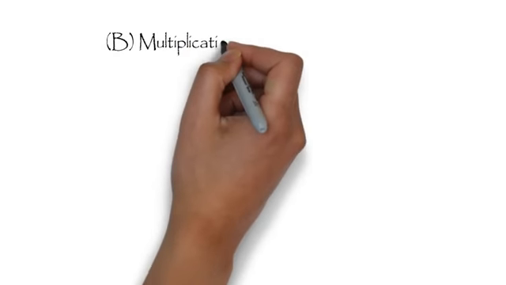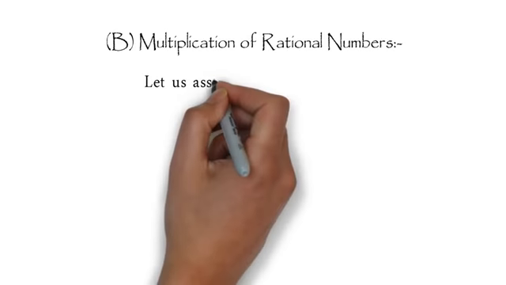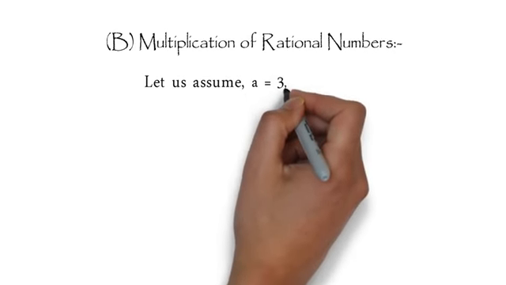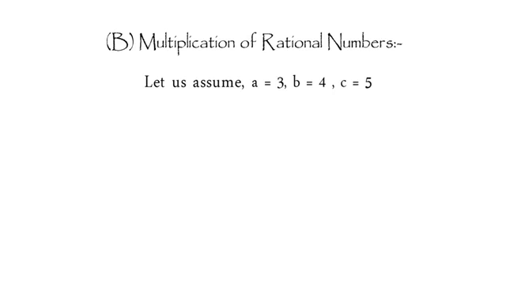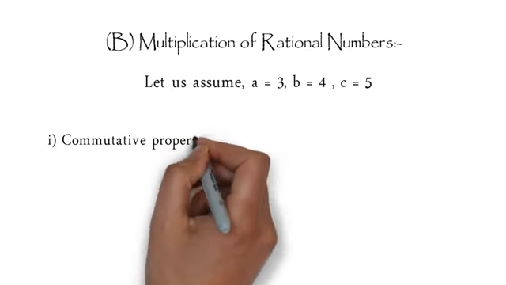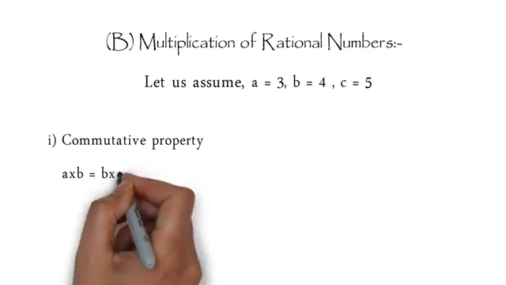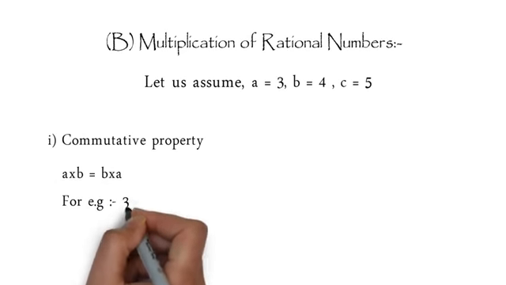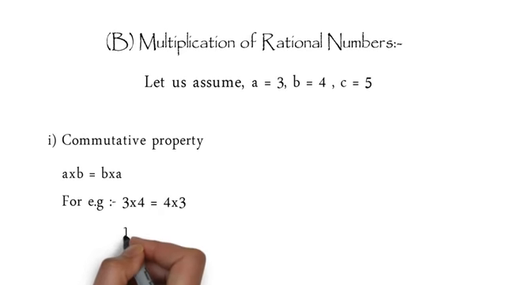B. Properties of multiplication of rational numbers. Here, let us assume a is equal to 3, b is equal to 4 and c is equal to 5. First, commutative property. a into b is equal to b into a. Therefore, 3 into 4 is equal to 4 into 3, which is 12 is equal to 12.